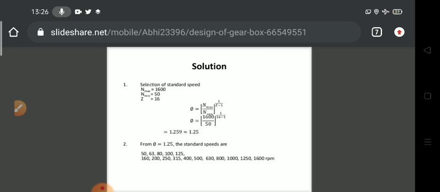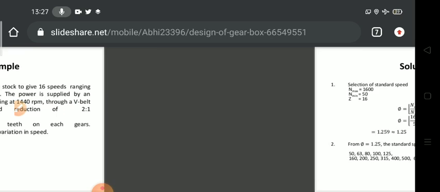Next, 63 multiplied by 1.25 gives 80. Next, 80 times 1.25 gives 100. After 100 multiplied by 1.25, 125. Consecutively we can find 160, 200, 250, 315, 400, 500, 630, 800, 1000, 1250 and 1600 rpm. So these are all the spindle speeds.